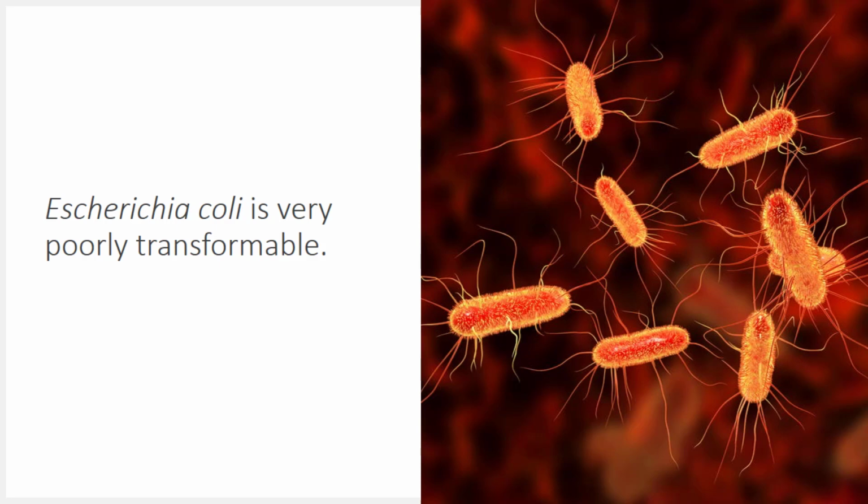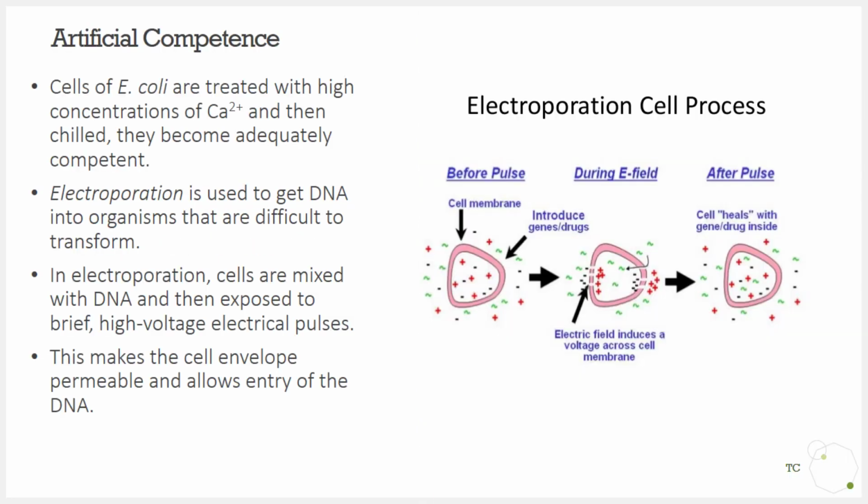However, if cells of Escherichia coli are treated with very high concentrations of calcium ions and then chilled, they become adequately competent, so they can actually take up DNA, although not at a very high efficiency. Cells treated in this manner can take up double-stranded DNA and therefore get transformed. So you can transform E. coli even with plasmid DNA once you treat the cells this way.